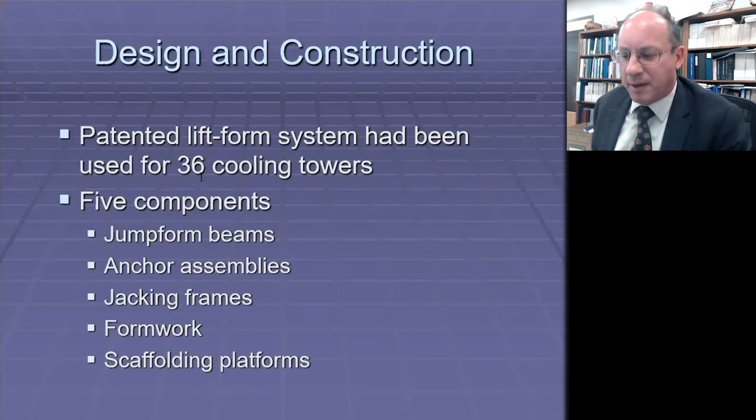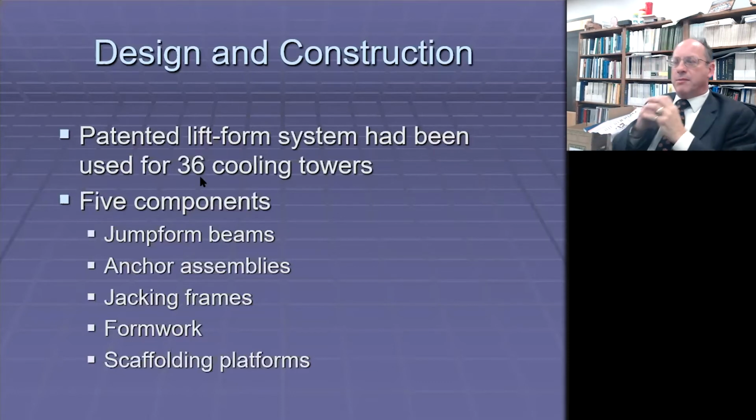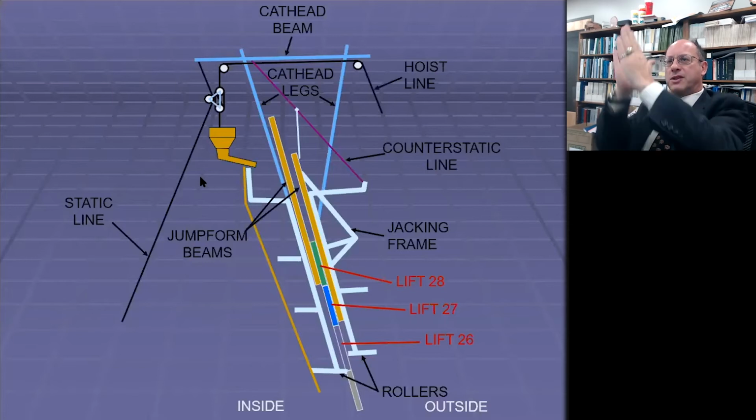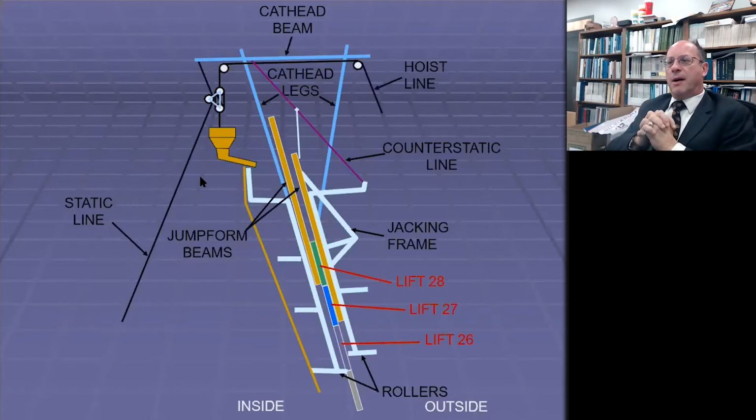A lot of different components. And then this diagram shows it, where you can see the yellow is the jump form system. And you can see that the two pieces of form slide or jump past each other up the tower. And then you have the various days' lifts of concrete that are holding the tower in place.